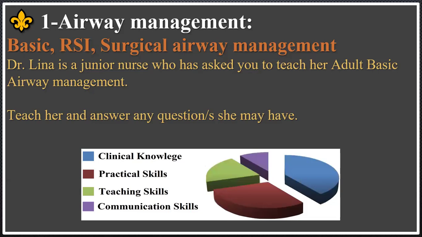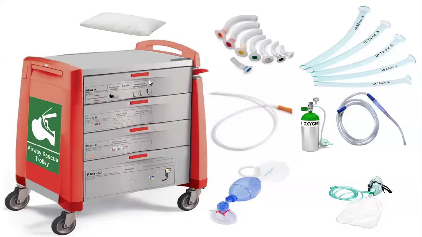Okay, so let's set our learning objectives first. Today I will teach you about the equipment we need in adult basic airway management, and then the response of the patient, then the scene safety, and then the airway opening maneuvers, and then airway adjuncts to maintain the open airway, and then oxygen reservoir.